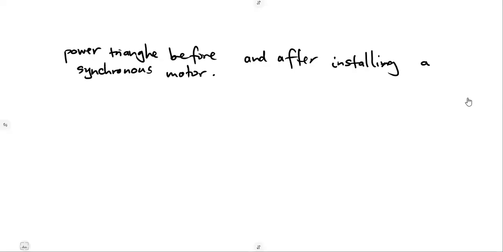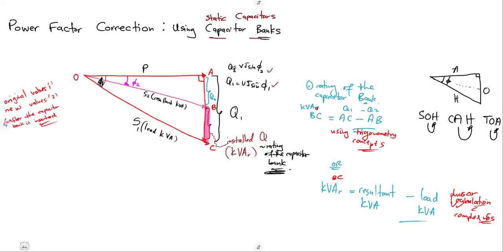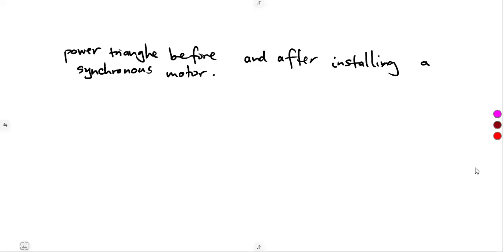Just like what we had in our previous class, when we were working with the capacitor bank. We had this, all right? So in our case, guys, the synchronous motor will be working at a leading power factor, all right? Let me write this one because it is important. We are going to refer to that one.